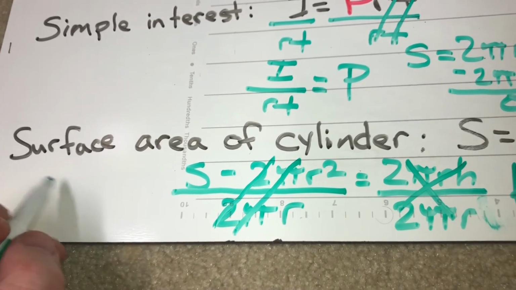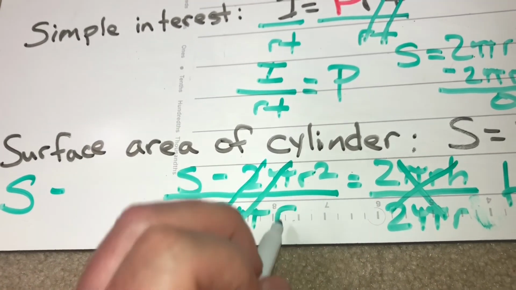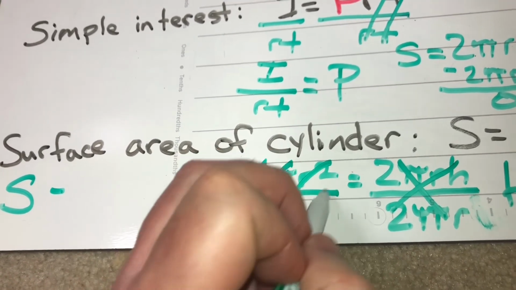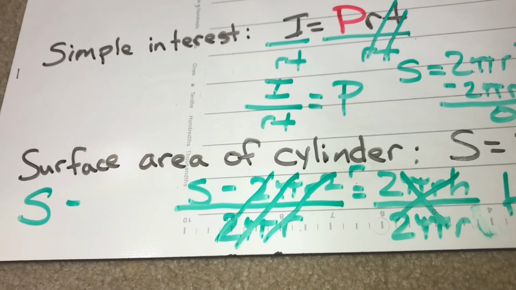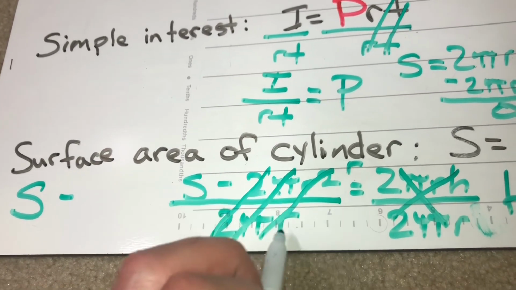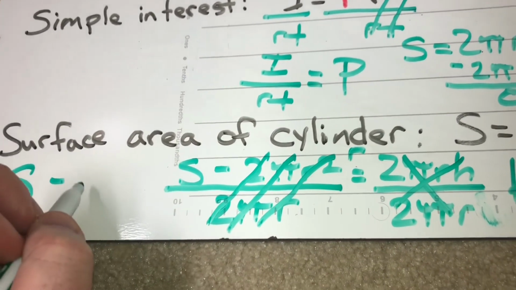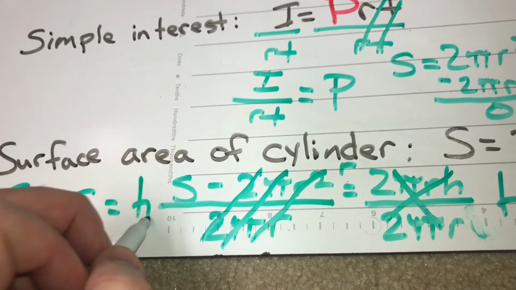Okay, and so s minus, now r squared divided by r is just going to leave me with r, because I just subtract the exponents. So I end up with s minus r equals h.